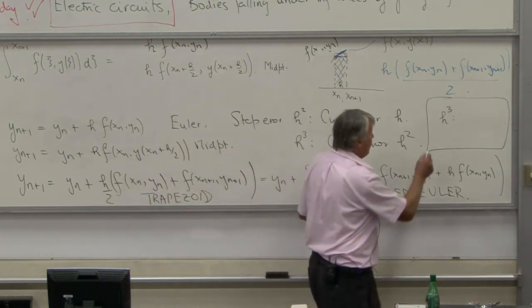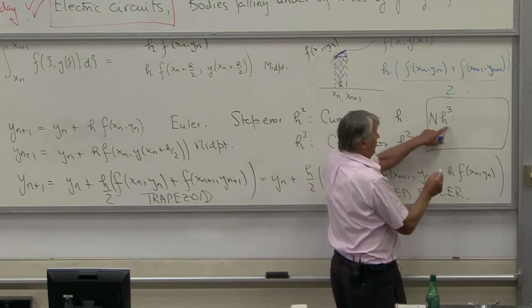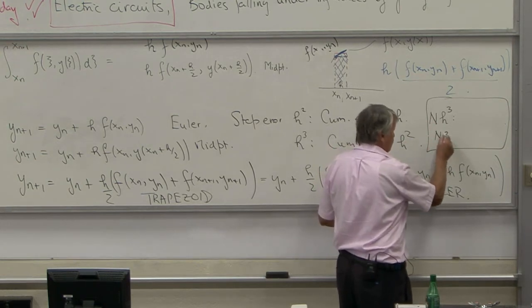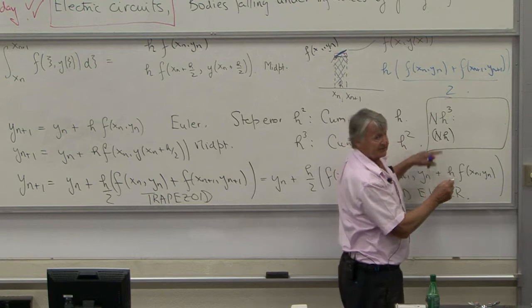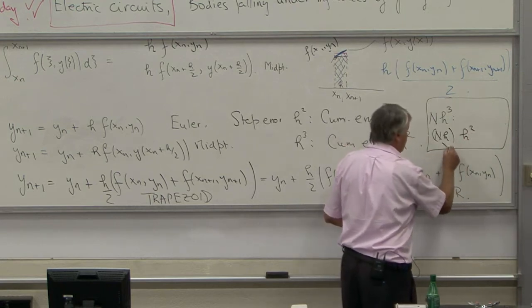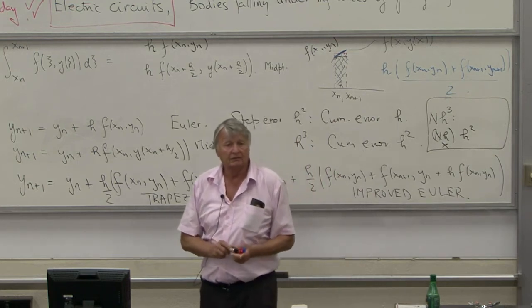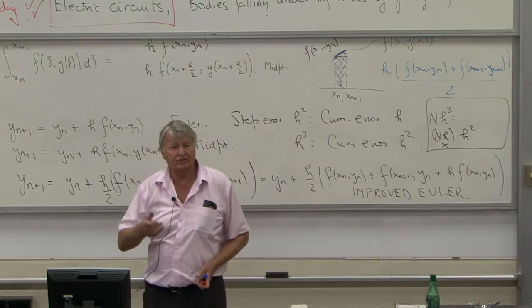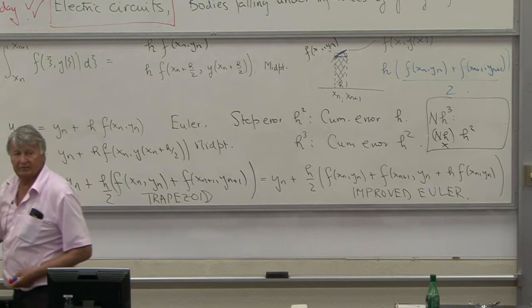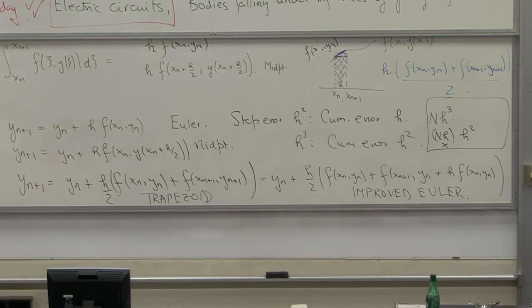The cumulative error will be N times this. N times h, that's a finite number now, that's x, times h squared. So that's a finite number times h squared. So the cumulative error is just the effect of adding up capital N errors, each of size h cubed.